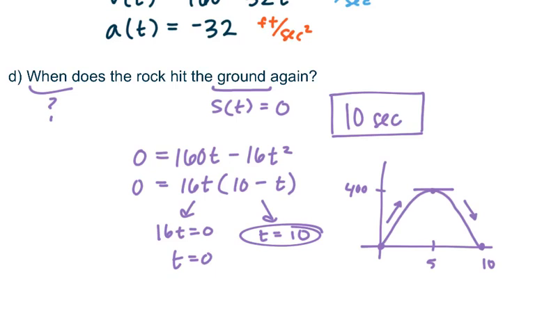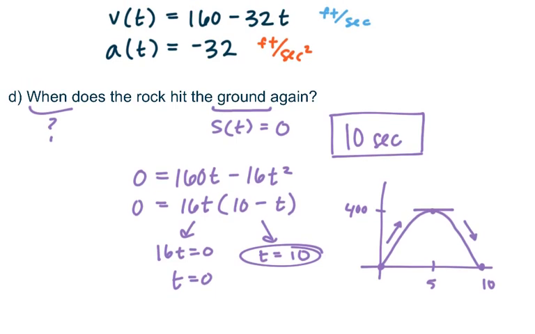And just to include a little bit more, because I know you guys are dying for it, if you think about velocity here, velocity is a linear function with a negative slope. If we were to graph velocity on the same plane as our position function, we would end up with something that looks like this. We have a positive velocity.